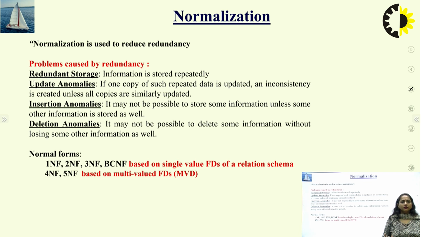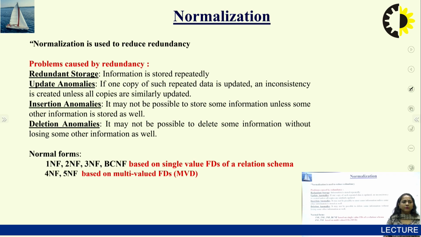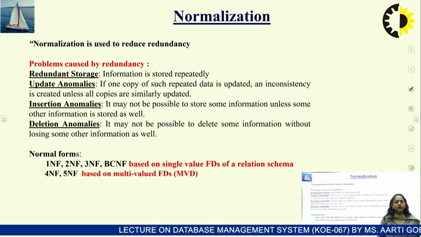So these are the different problems that are caused by this redundancy. So we will be discussing first normal form, second normal form, third normal form, BCNF. They are basically based on single-valued functional dependency. And then fourth normal form, fifth normal form, they are based on multi-valued functional dependency.